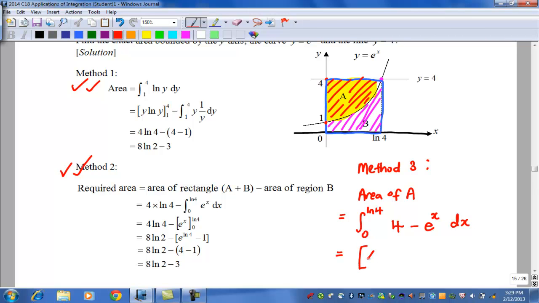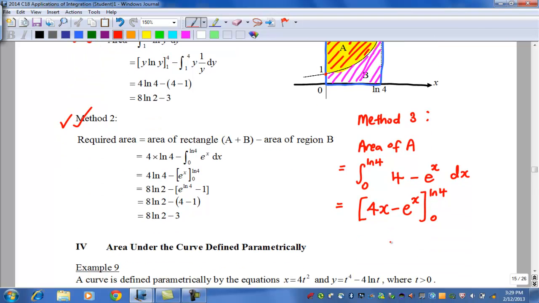Integrating allows us to get 4x minus e to the power of x, upper limit ln 4, lower limit 0. Doing some calculation, we get 4 ln 4 minus e to the power of ln 4, that's when I sub in ln 4 into this expression, minus away the case where 4 times 0 is 0, minus e to the power of 0.